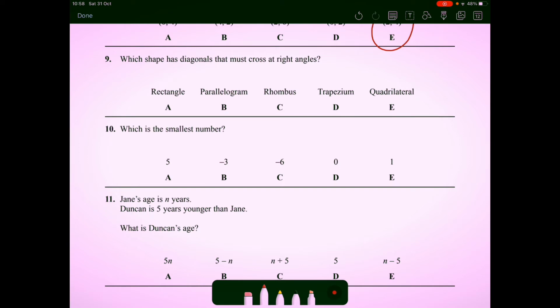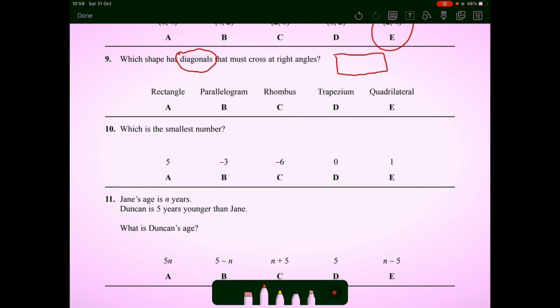Question 9. Which shape has diagonals that must cross at right angles? Now, when we're talking about diagonals, we're talking about lines that connect any two vertices on a shape that are not adjacent to each other. What do I mean by that?